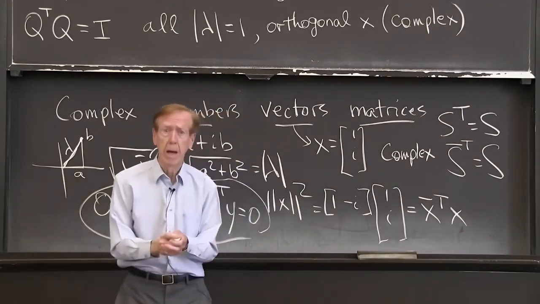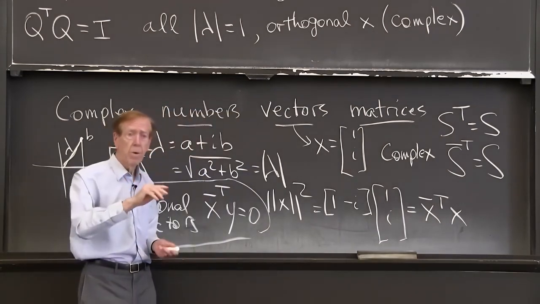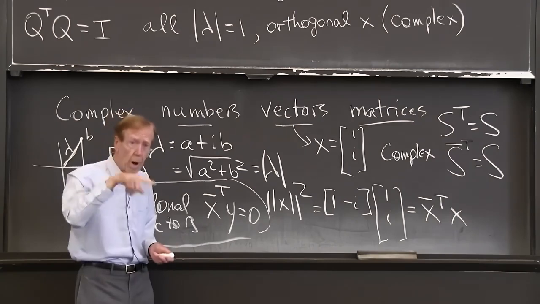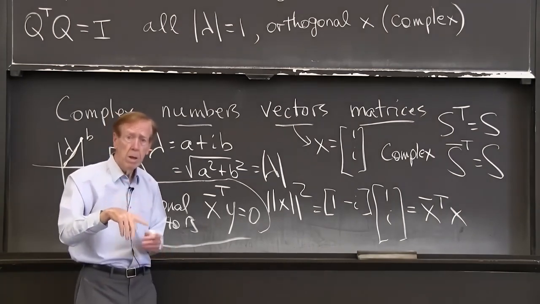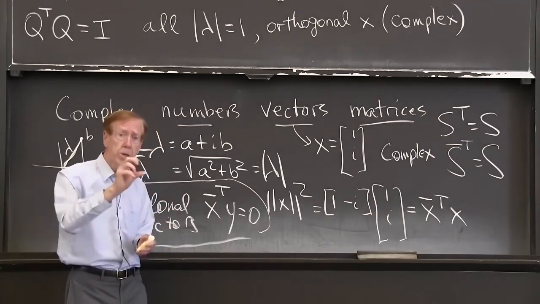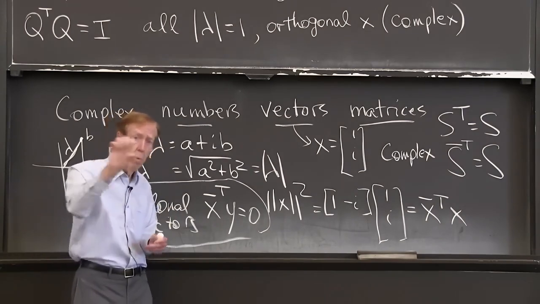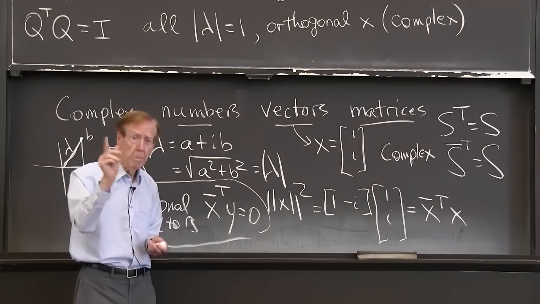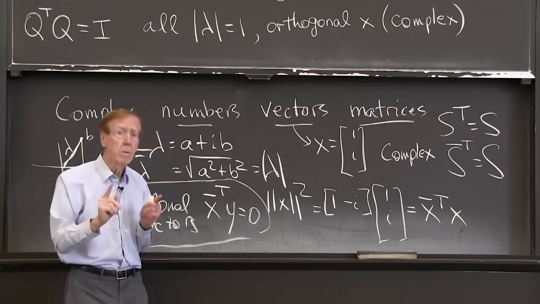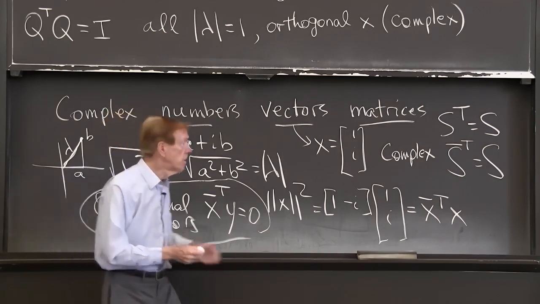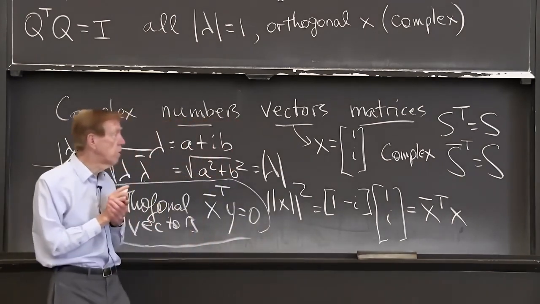MATLAB does it automatically. If you ask for x prime, it will change a column to a row with that transpose, that prime, and it will take the complex conjugate. So we must remember always to do that.